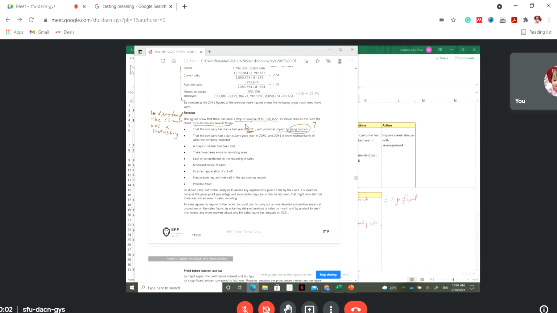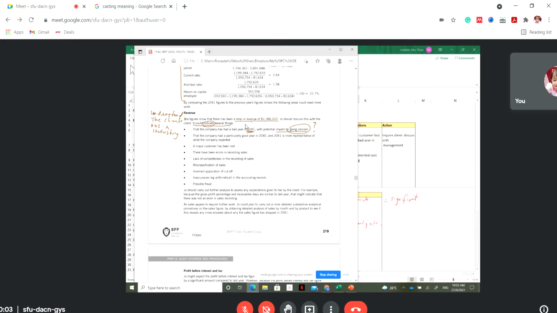Okay, will this drop in revenue impact the ability of the company to pay their debt? Because the revenue has decreased, sales has been reduced. So is the company able to pay the interest on their loan and so on? So that is an indication.